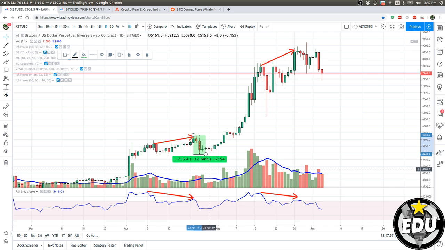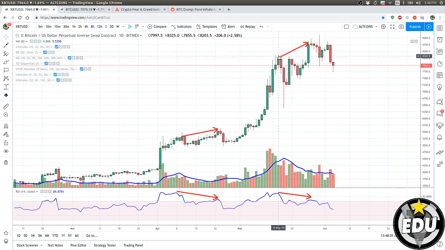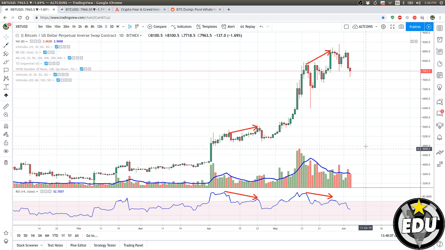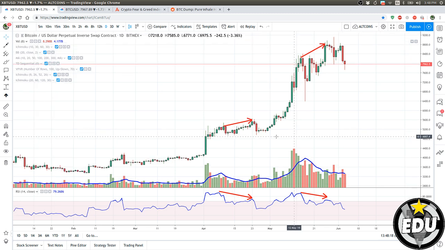And then it didn't change direction, went up again. But look how selling increased. Remember, the Bitcoin trend since 3K has been parabolic.